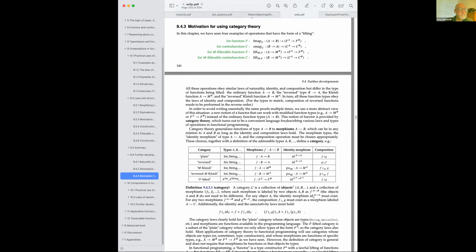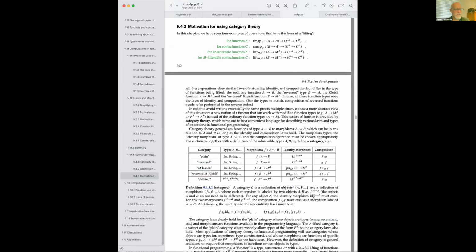Right. So he defines what a category is, and then shows that in his world there's mainly these four kinds of categories, based on types.